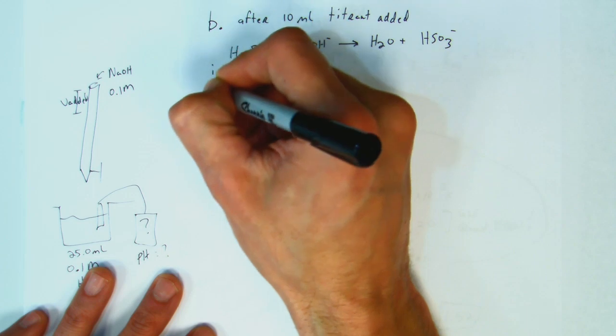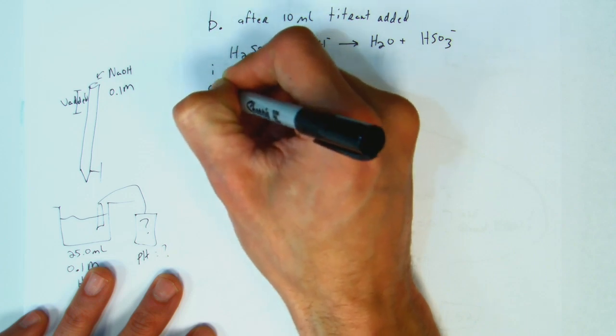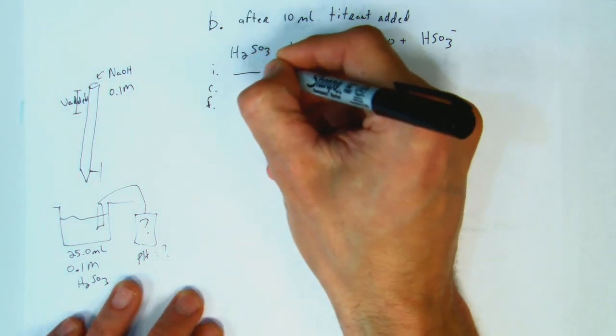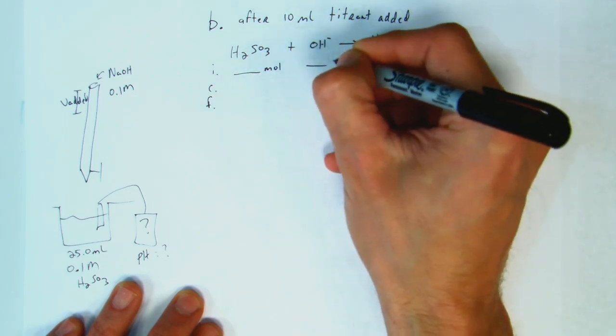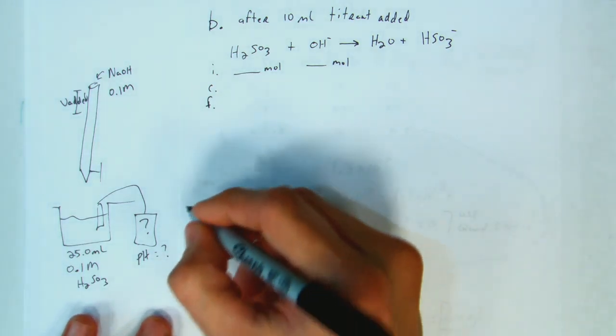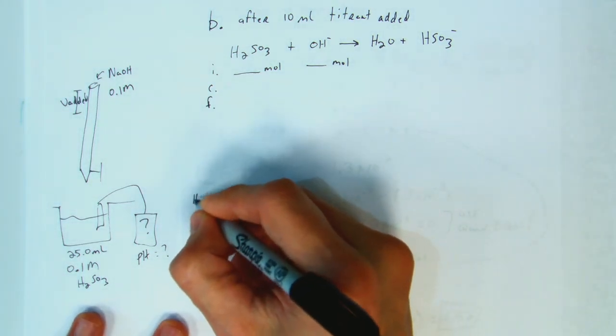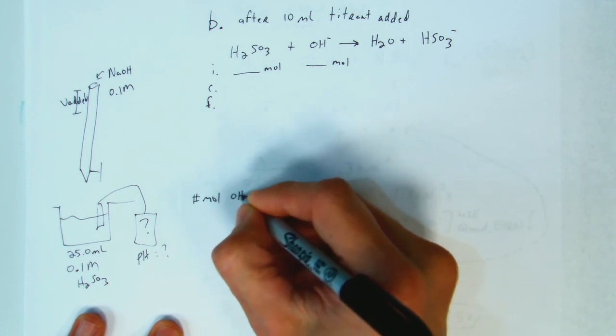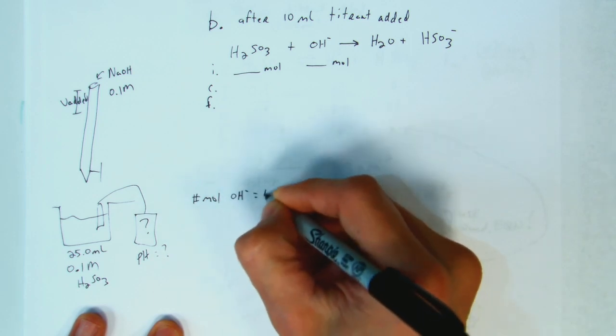But then after that, I'm actually going to do a similar thing to what I did before for these other titrations that we've been talking about. I'm going to work my ICF table. I'm going to figure out how many moles of everything I've got, how things change, and then where I'm at. So let's take a look at that. Can we compute the number of moles of OH that we add?